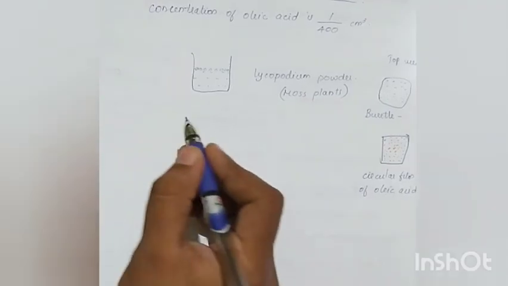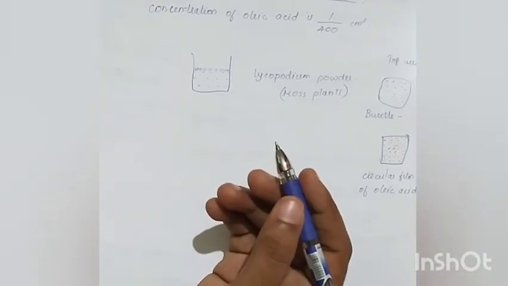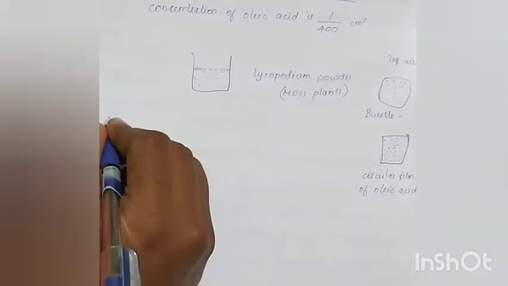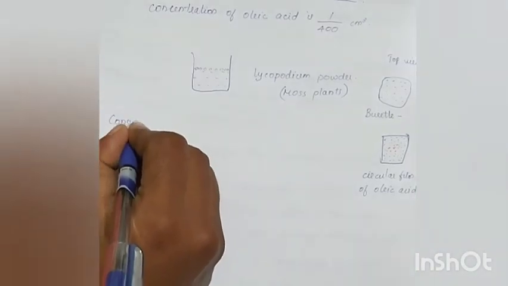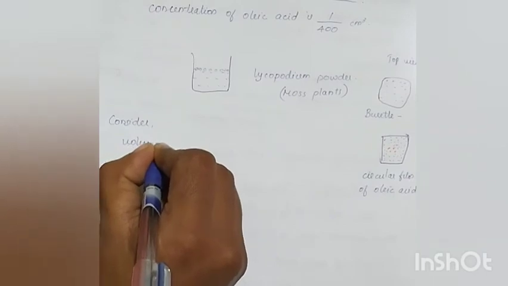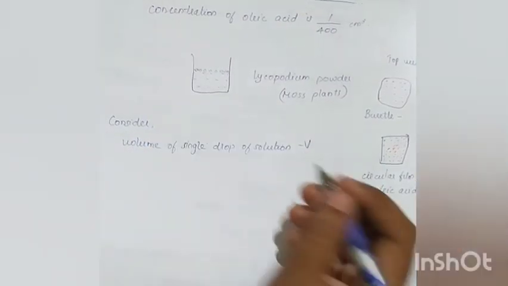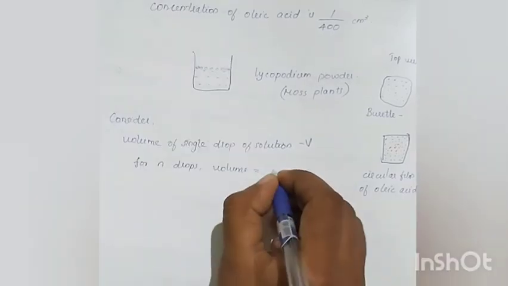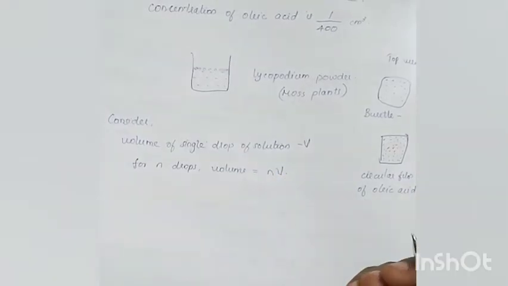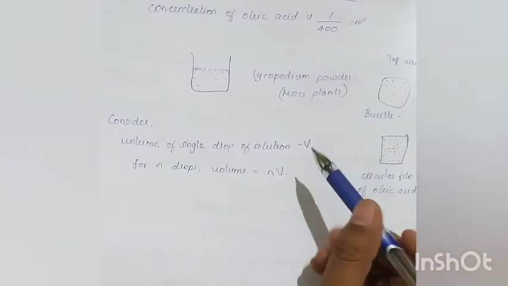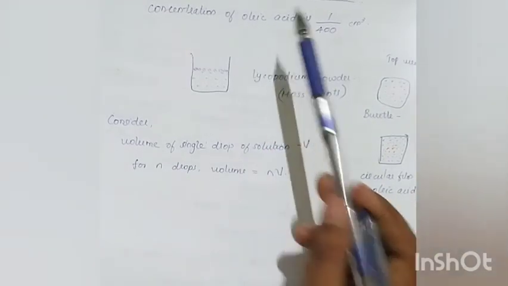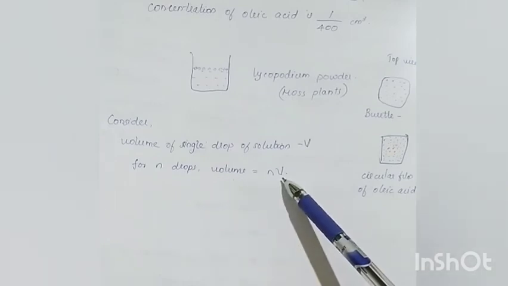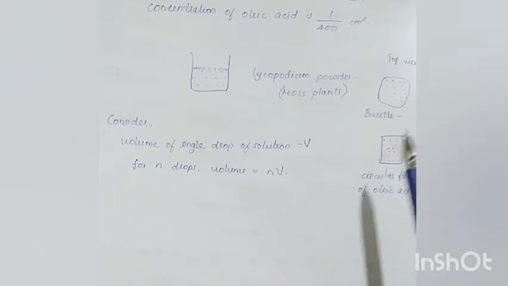We said that using a burette, we can get the volume of drops being used. So if we consider the volume of a single drop of the solution to be V, then for n drops, the volume becomes nV. If the volume of a single drop of the oleic solution is V, then for n drops, the total volume will be nV.